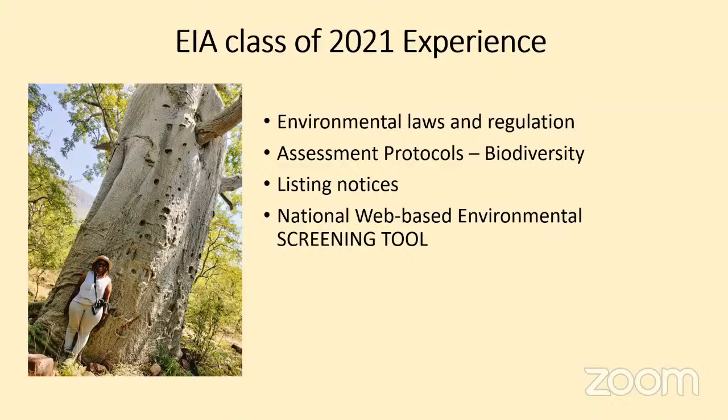I'm a very tech savvy person, and there is this screening tool online that they use as part of assessment to flag up sensitive areas and things like that. So it's important to learn this stuff, to understand how it works, so that we can contribute as concerned citizens. And one thing I've learned is that I can also comment on an EIA report for a proposed development as a person of interest or person of concern.